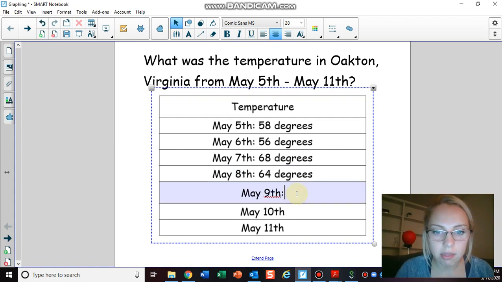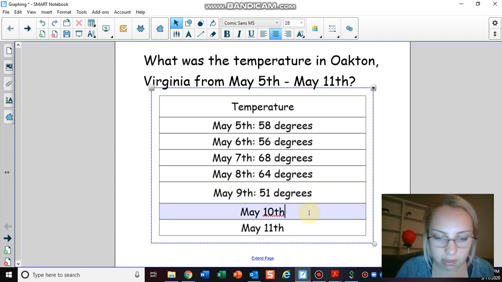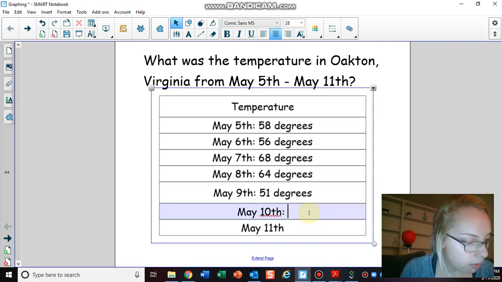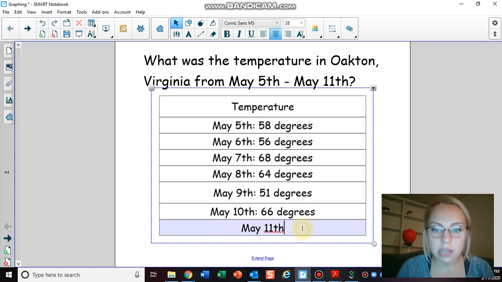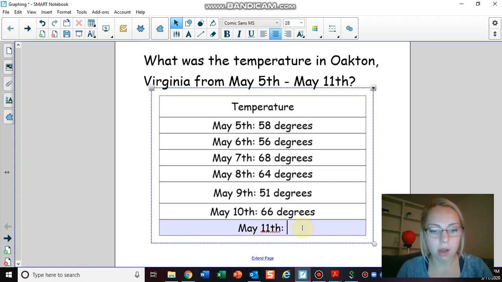On May 9th, the temperature high was 51 degrees. On May 10th, the temperature high was 66 degrees. And yesterday, the temperature high was 60 degrees.